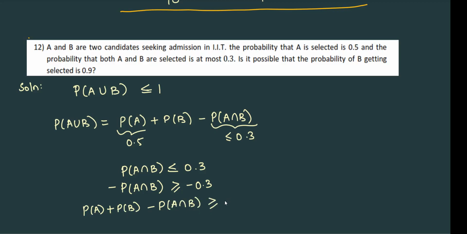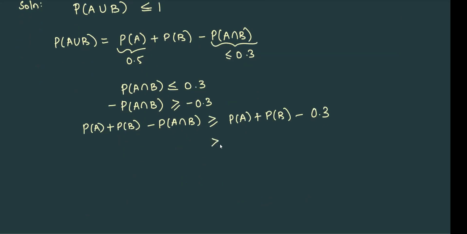So this is greater than or equal to P of A plus P of B minus 0.3, which is P of A is 0.5 plus P of B minus 0.3. Left-hand side is what? P of A union B. So P of A union B is greater than or equal to 0.2.